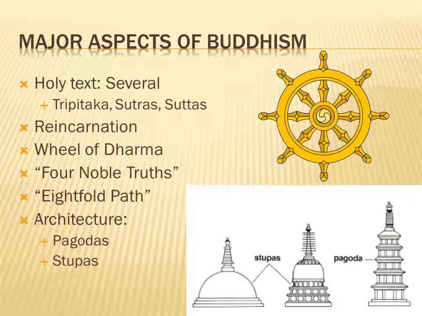Stupas are a kind of dome with a spire on top, and those typically house a relic of Buddha. And then pagodas. Pagodas developed out of stupas once Buddhism diffused to China and Japan, so they are more characteristic of East Asia rather than the South Asian hearth.